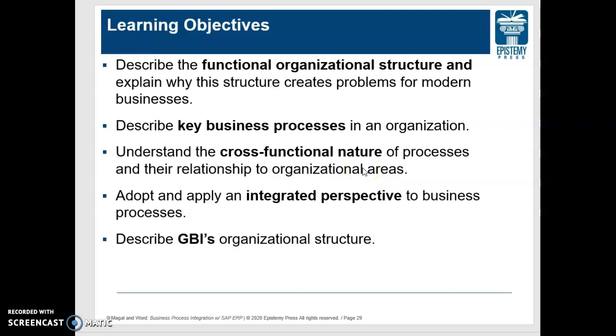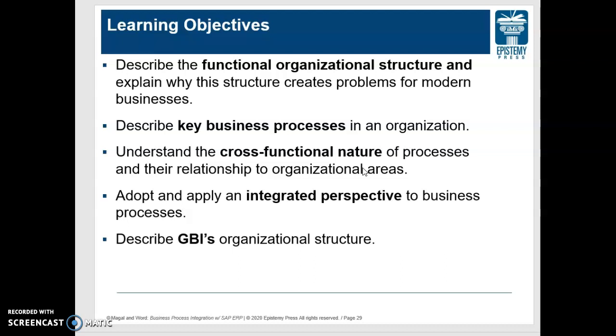So what we'll be covering in this lecture is traditional functional organizational structures and why this is commonly used, but how this also causes problems. We'll also be looking at key business processes that are typical of most organizations.